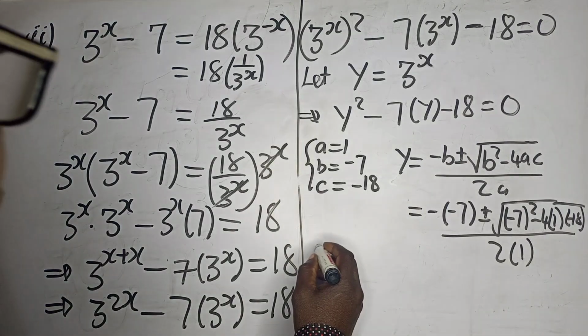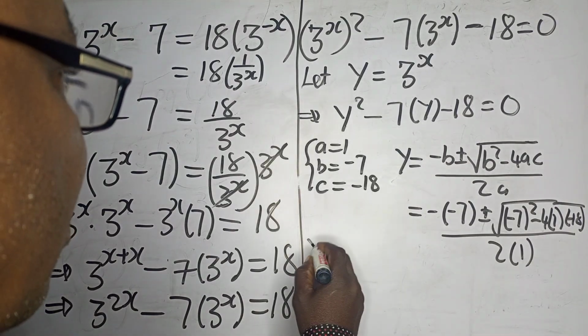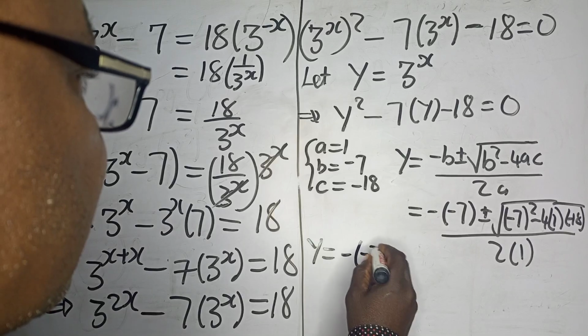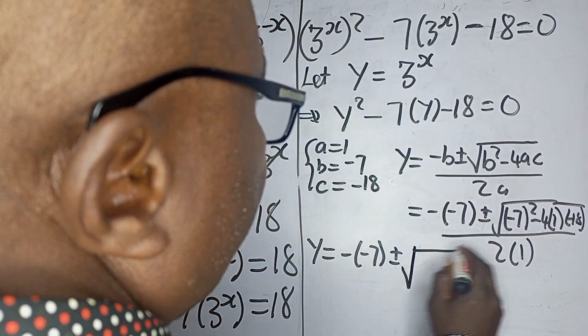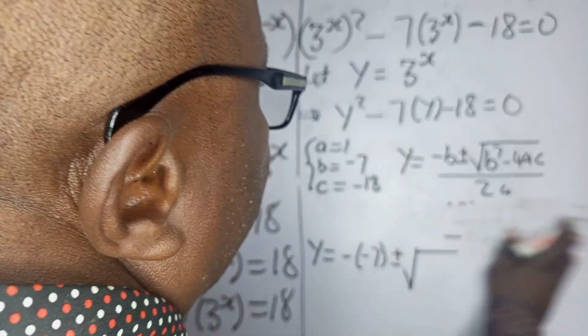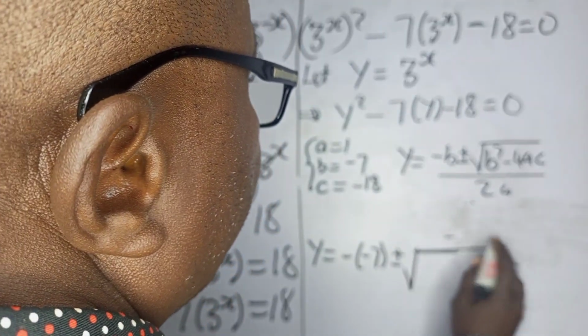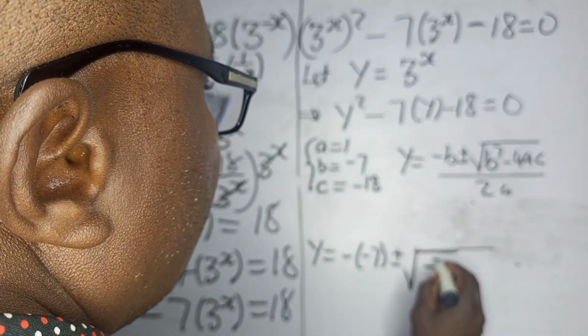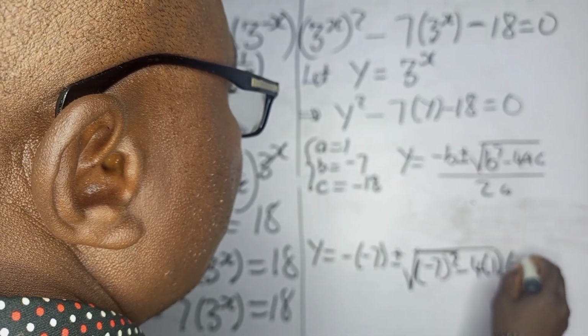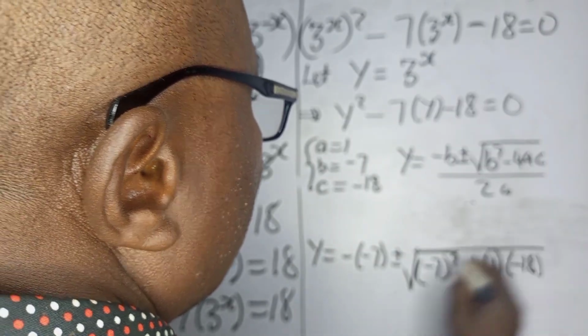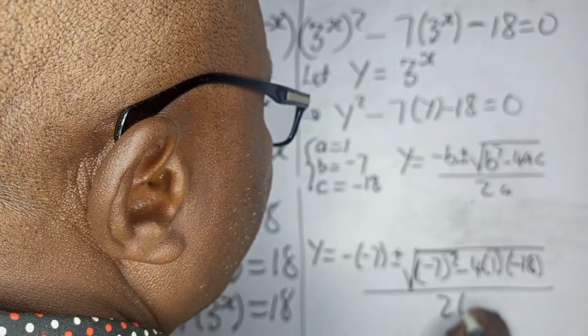Okay, let's write it again this way. We have y is equal to negative 7 plus minus root of negative 7 squared minus 4 into a into c, all of that divided by 2a.